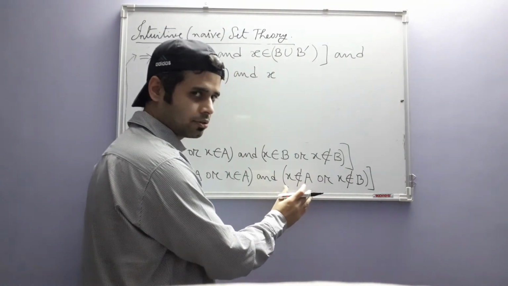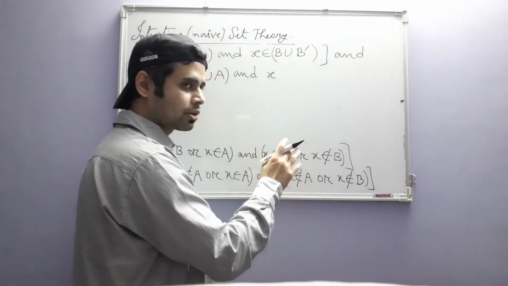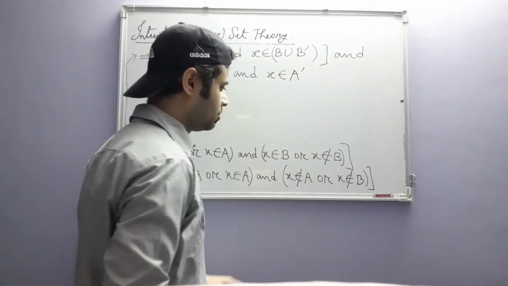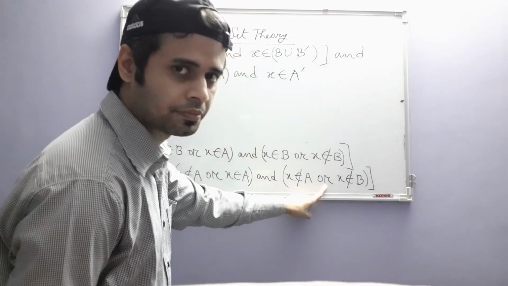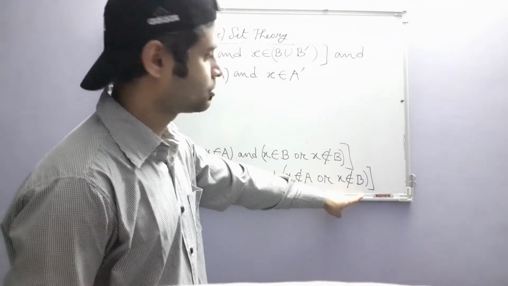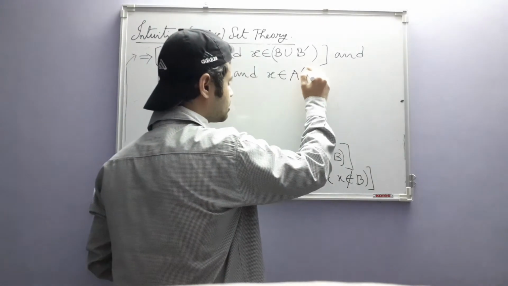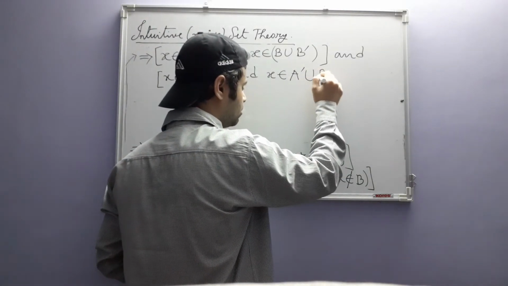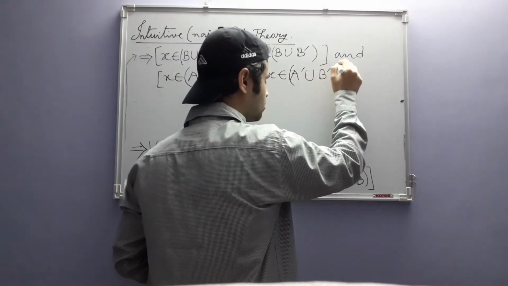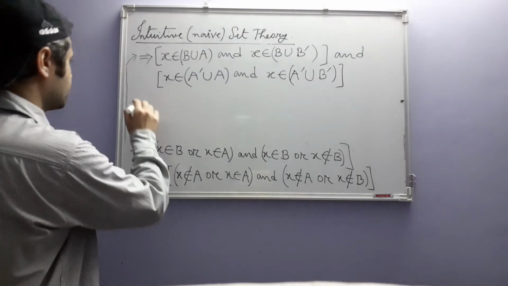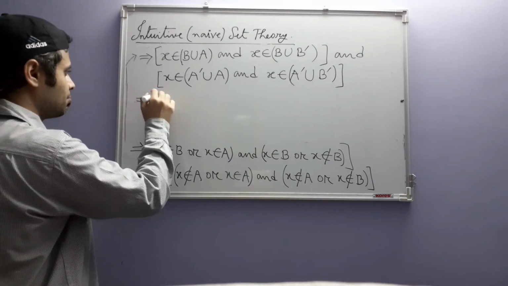X does not belong to A means X belongs to the complement of A. So X belongs to A prime, or X belongs to B prime. So instead of writing that once more, because we have or, I write this: A prime union B prime.